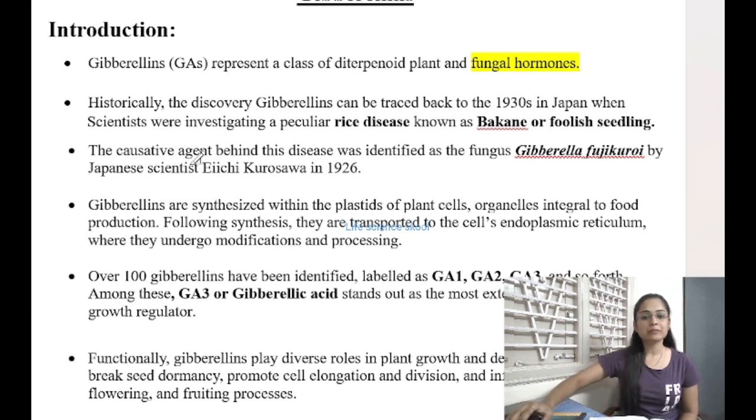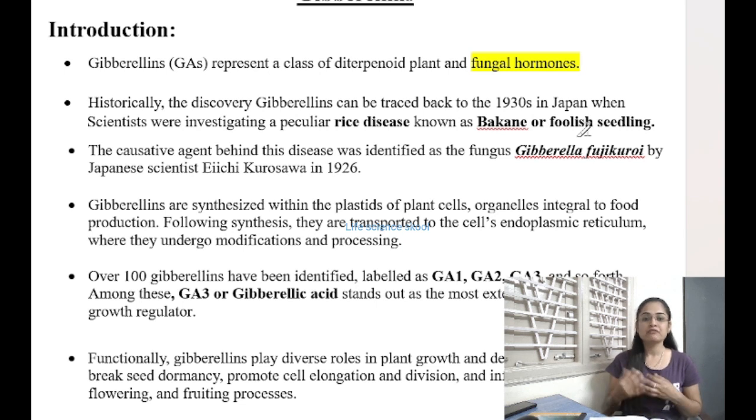Historically, the discovery of the gibberellins can be traced back to the 1930s in Japan, when scientists were investigating a peculiar rice disease known as bakanae, or foolish seedling. The discovery of gibberellins is very interesting because a Japanese farmer was working on his rice field.